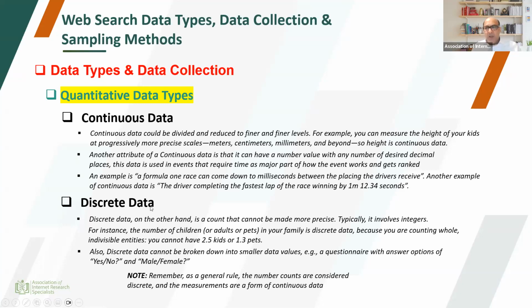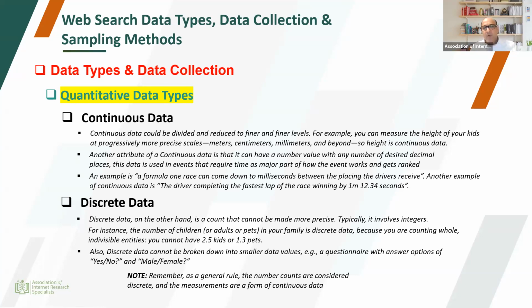Discrete means it cannot be identified in fractions. So if you get something which is, let's say, identifying the kids to be 2.5 kids or 1.3 pets, that is not fitting into the type of object for which you're collecting this number.